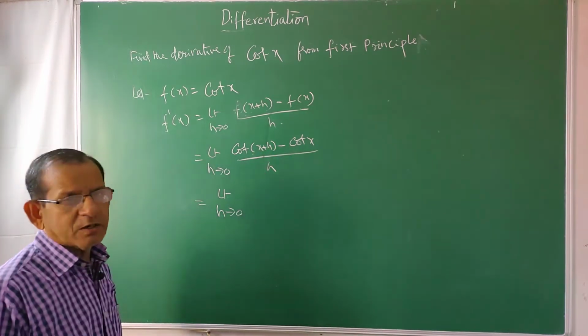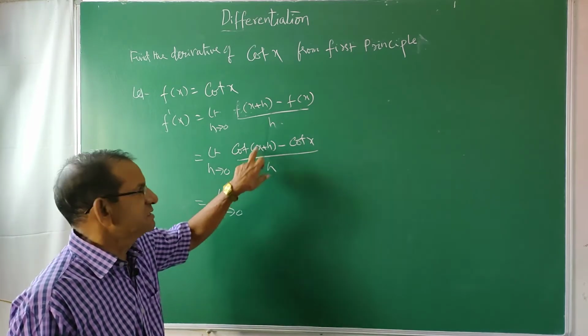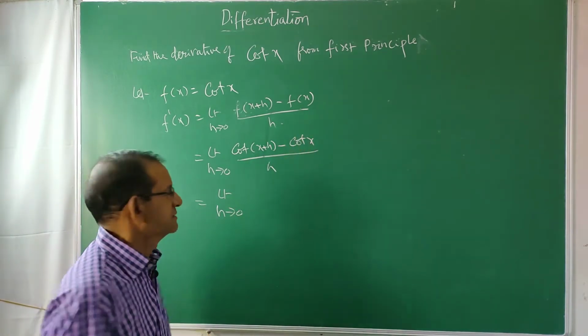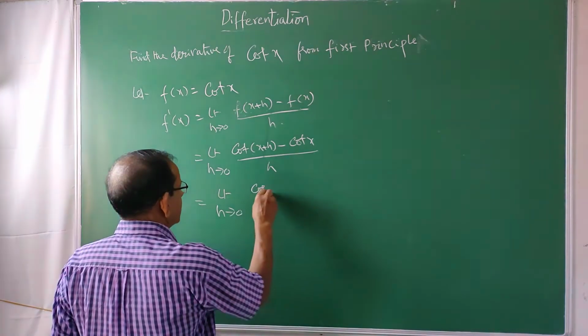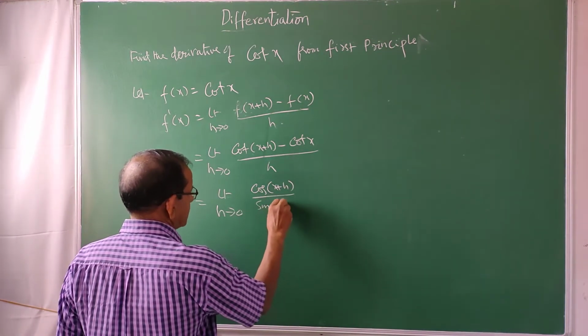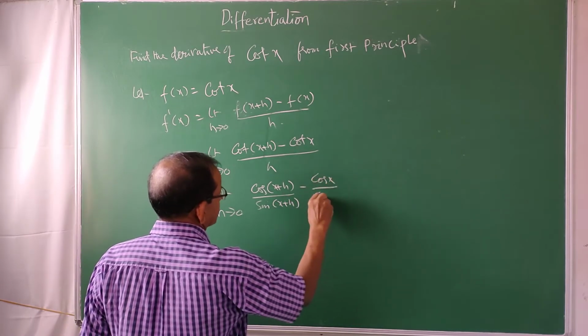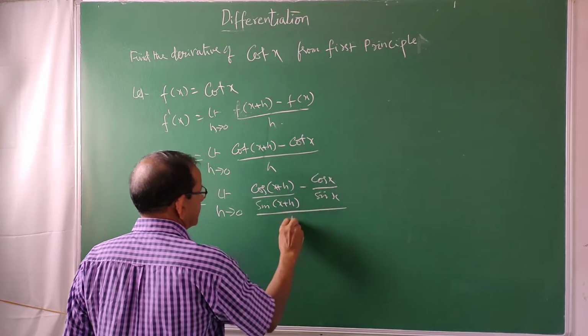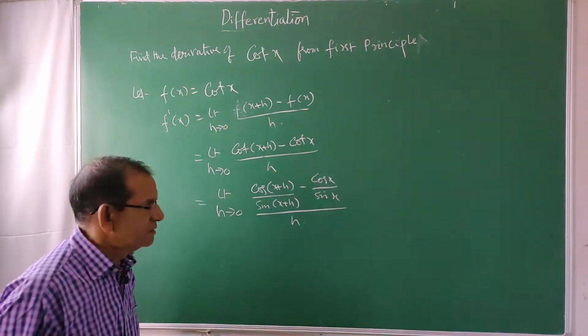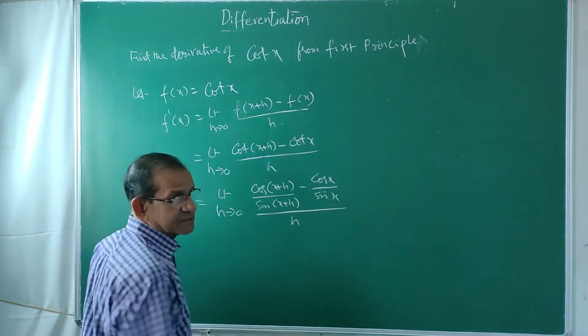Let us write cot(x plus h) as cos(x plus h) by sin(x plus h), and cot x as cos x by sin x. So cos(x plus h) by sin(x plus h) minus cos x by sin x, by h. So take LCM first, that is sin(x plus h) into sin x.